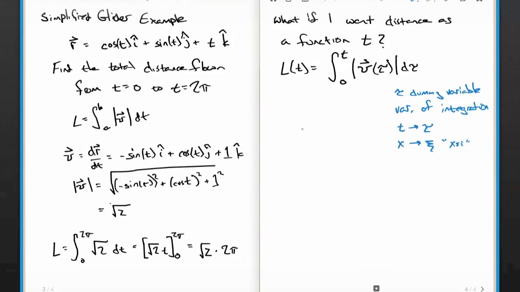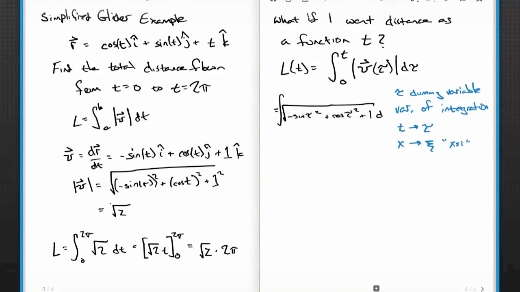Okay, anyway, if we do this now, the velocity vector is still the same, so this is still the square root of negative sine tau squared plus cosine tau squared plus 1. So that stuff all stays the same. D tau, I've got to integrate this.